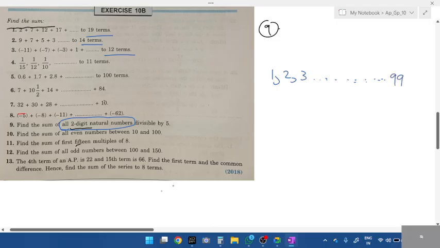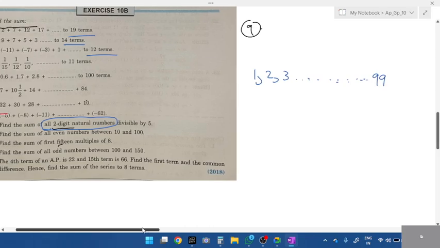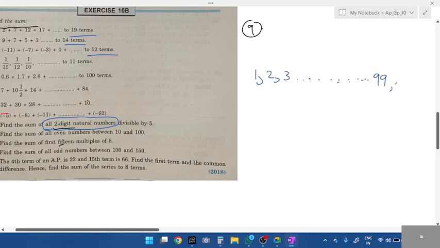99. After 99, what do we get? After 99, you get three digits. Do we need to consider 100? From 1, 2, 3, 4, up to 99. But even this is not exactly what they've meant, students. In these numbers, what is the second part they mentioned? Yes, divisible by 5. Now we'll check.